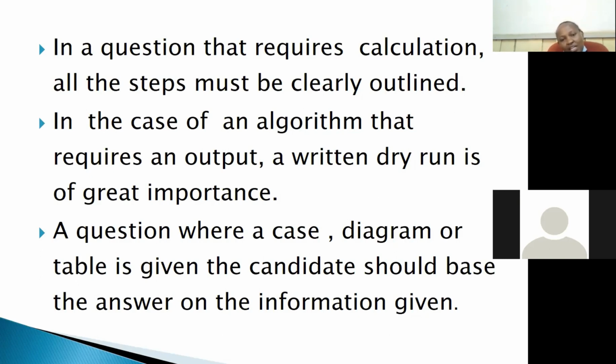A dry run is a process that shows where you are starting from all the way to the last step where you are required to get your answer. Again here, don't dry run a flowchart or a pseudocode in your mind and then give the answer. You are supposed to show how you are getting to the final answer, that is, how you are getting to the output that is required in that algorithm, be it a pseudocode or a flowchart.